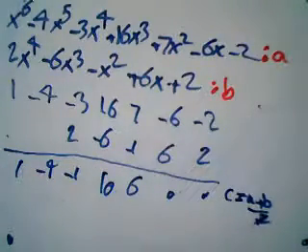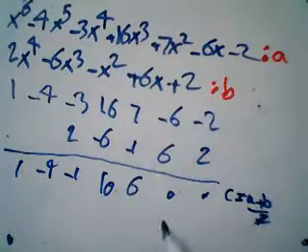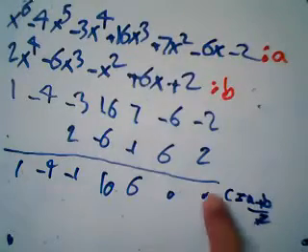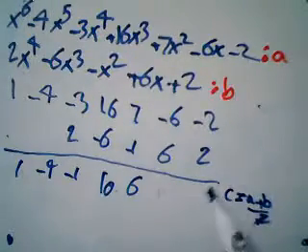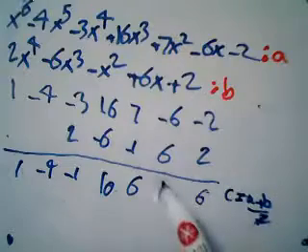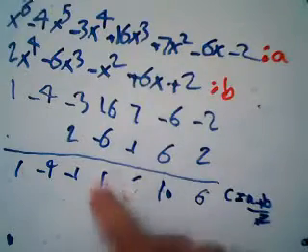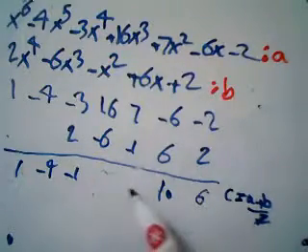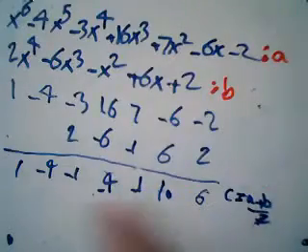And now since inside the parentheses is of the degree of 4, let's write them here: 6, 10, minus 1, minus 4, and 1.